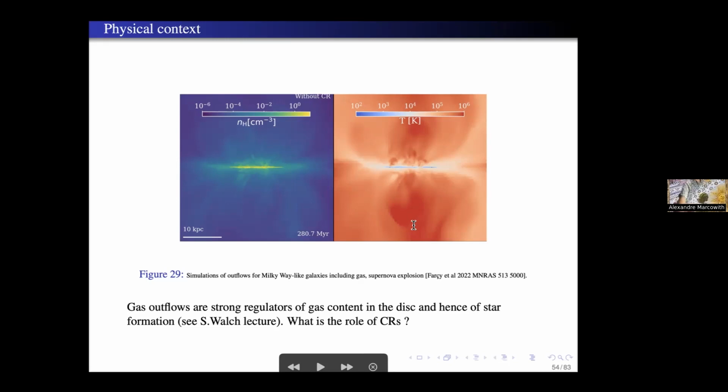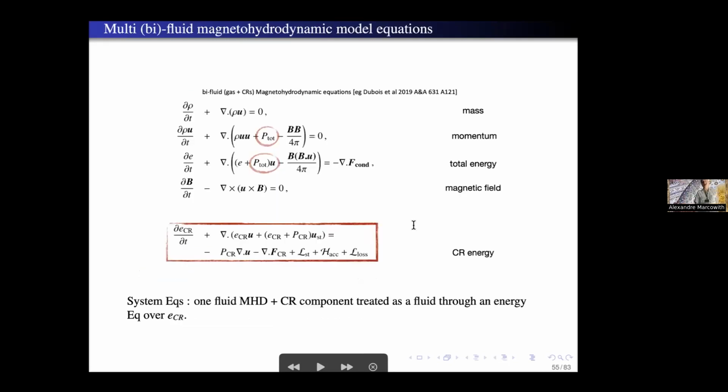Okay, so what could be the role of cosmic rays? Now, how to implement cosmic rays first in such a setup? You take again your MHD equation. Here it's one fluid, ideal MHD, simplified for the interstellar medium, as Stephanie just said this morning.